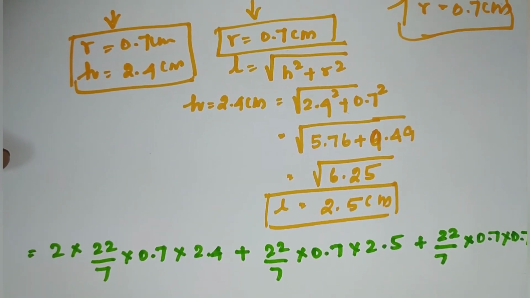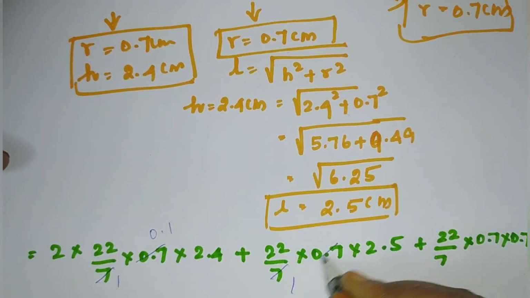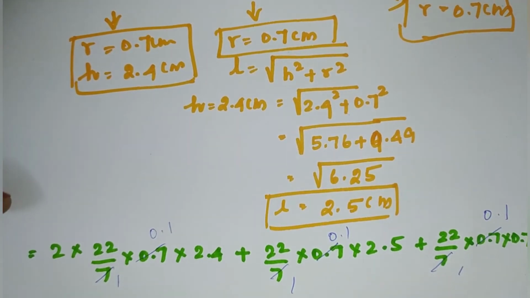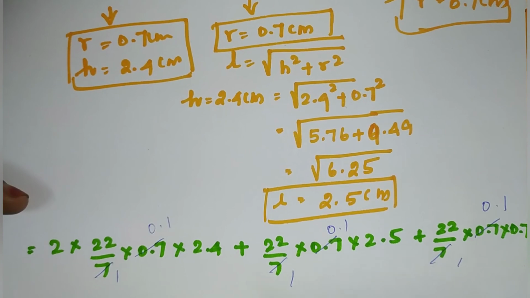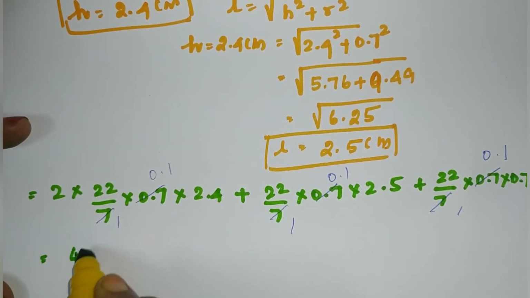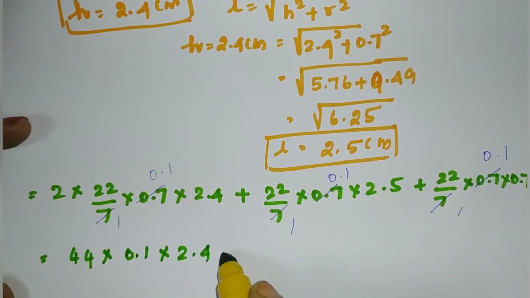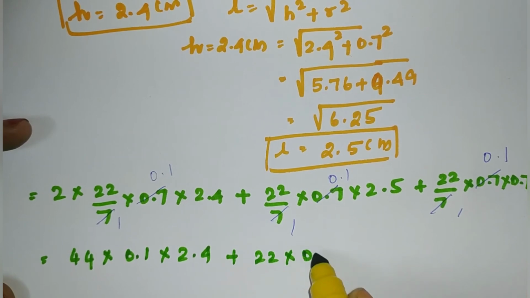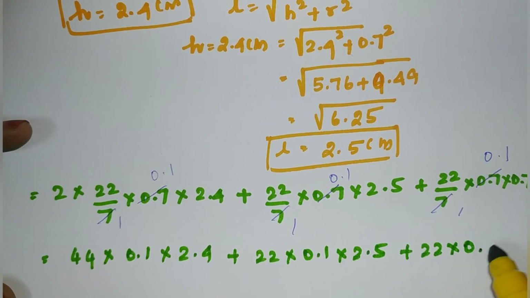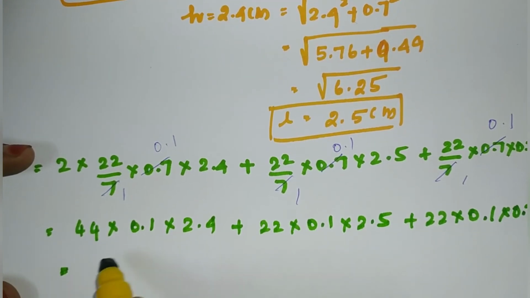If you can cancel, cancel it. 7 into 0.1 is 0.7, and write the remaining things. 2 into 22 is 44 into 0.1 into 2.4 plus 22 into 0.1 into 2.5 plus 22 into 0.1 into 0.7.